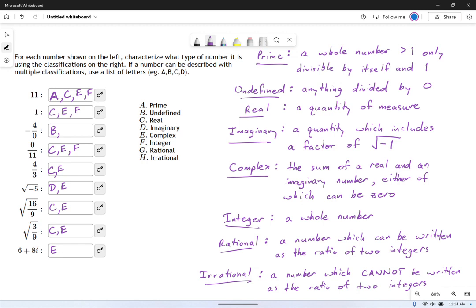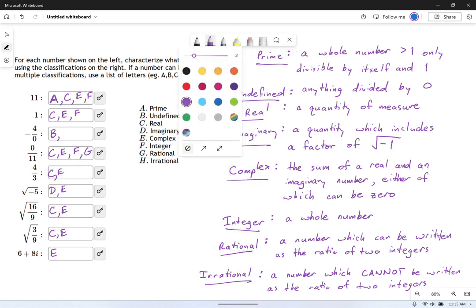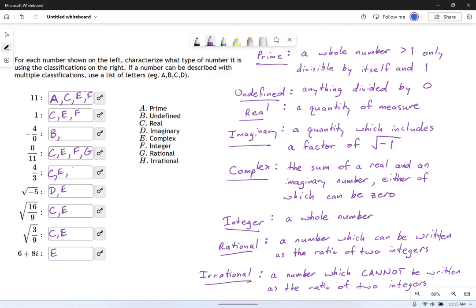But this one, right here, is rational because it's 0 divided by 11. That's a fraction. And more importantly, not only is it a fraction, but it's a real number. 4/3 is rational. These square roots right here, we got to be very careful about these. First of all, this one's imaginary, and nothing imaginary can be rational.